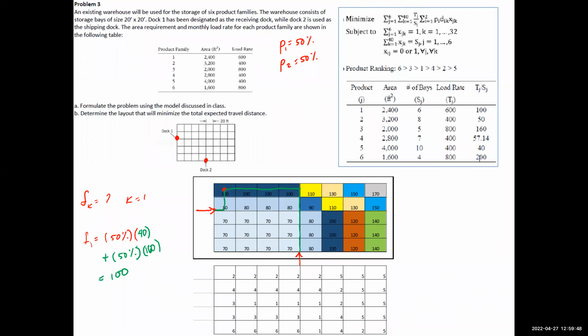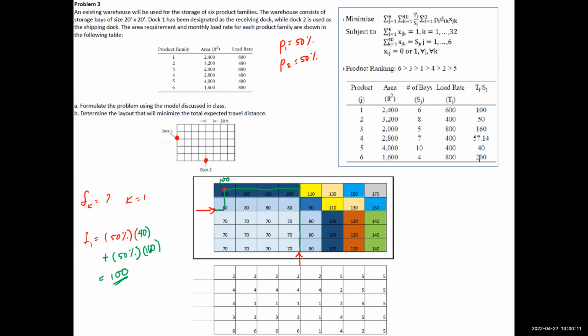So for the 70s, but yeah, I understand. So you have to do the F value for each cell, and then once you get the values for each one of them, say this one is 100, as we saw here.